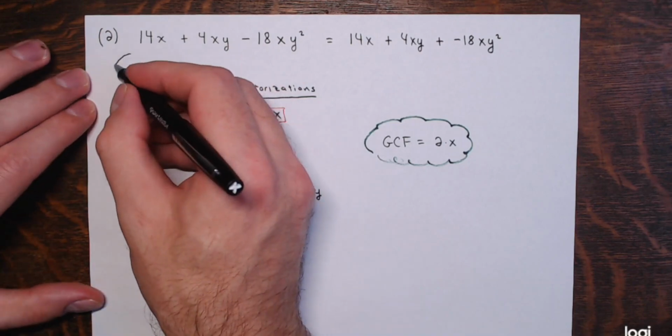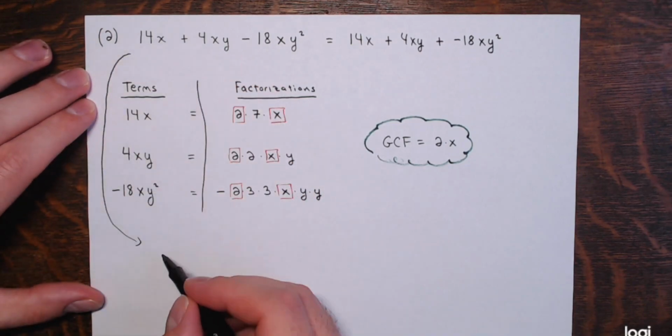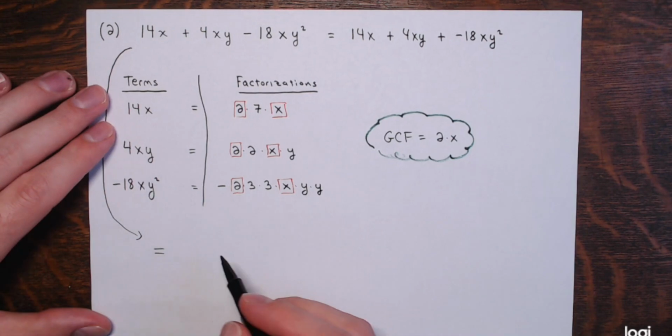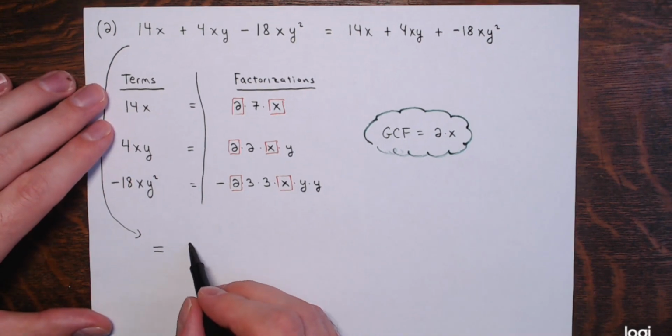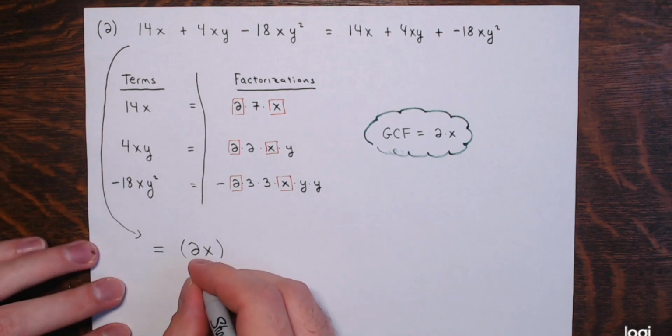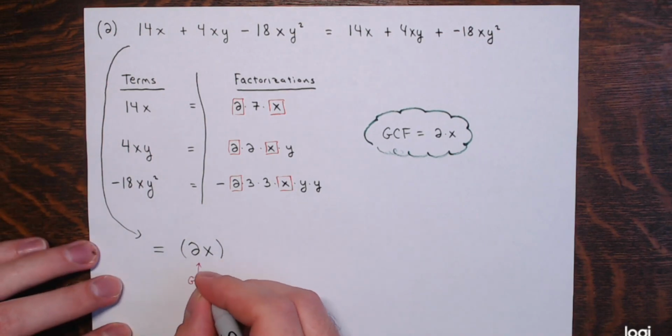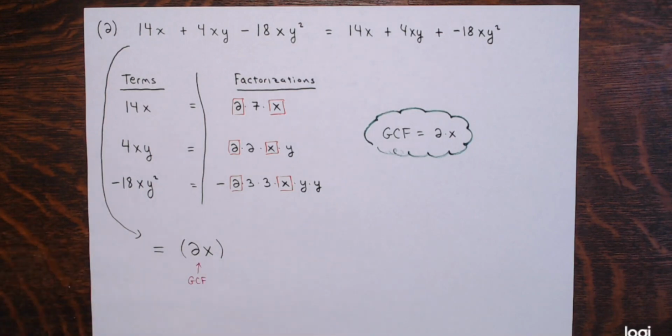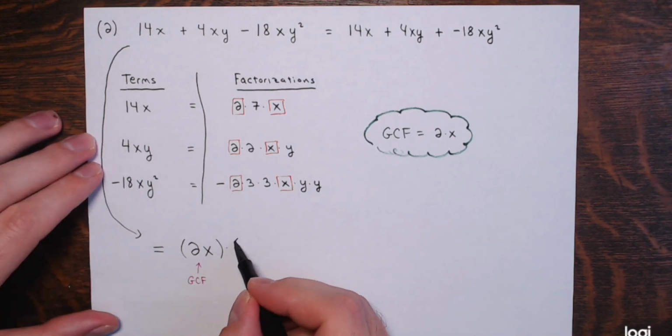So, bringing this down here, this will factor in the following way. I pull out the greatest common factor, 2 times x. Again, the first thing I do is just reverse the distributive property. So the greatest common factor is its own factor multiplied by another quantity.